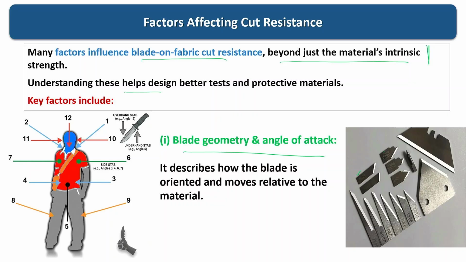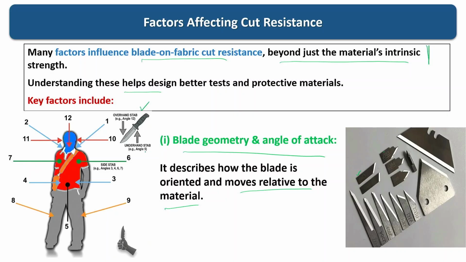At a 90-degree angle of attack, a fabric will perform in a different way than at a different angle of attack, okay. It describes how the blade is oriented and moves relative to the material. A person may be hit at any place.